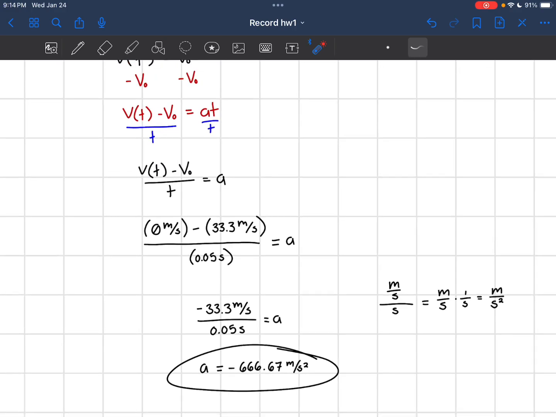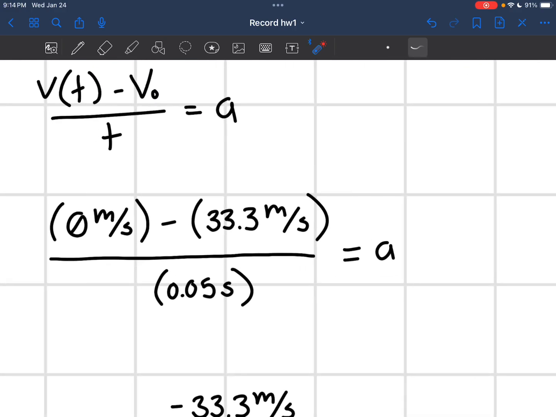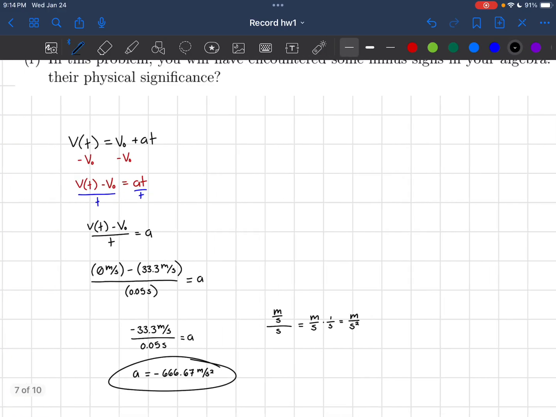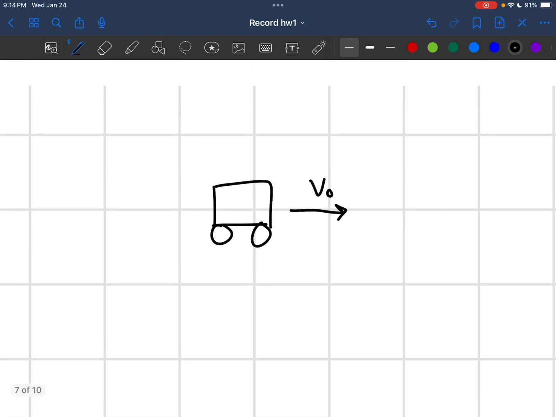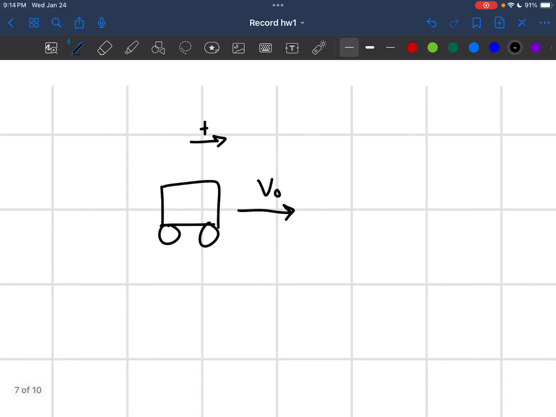So, I kind of did this without even noticing, but my initial velocity, I said, was positive, right? So I said that if I have my car driving along, my initial velocity going that way, I said that that way was positive, right?